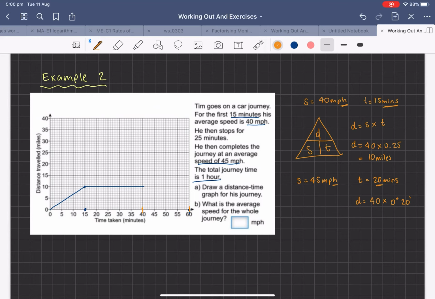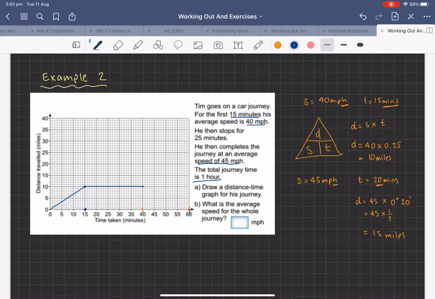I'm going to use the fact that 20 is 1/3 of an hour, so it's really just 40 times 1/3, and that's going to be 10.3 miles. So I know now that he's travelled, oh gosh, so sorry, I just realised it's 45, not 40. That makes my life a lot easier. 1/3 of 45 is 15, so it's 15 miles. So that means he's now travelled 15 miles.